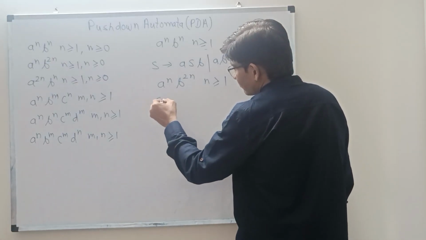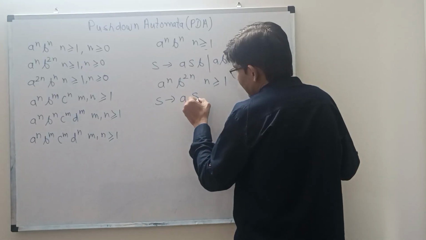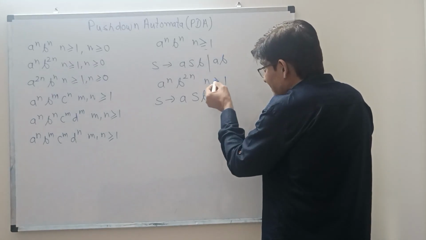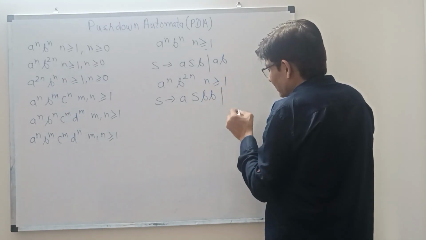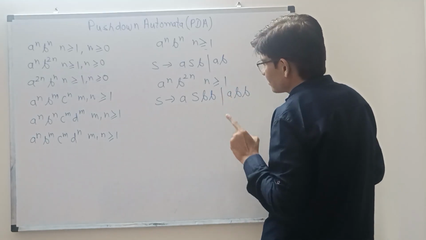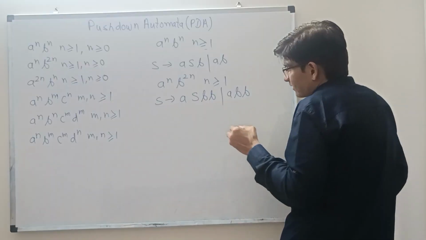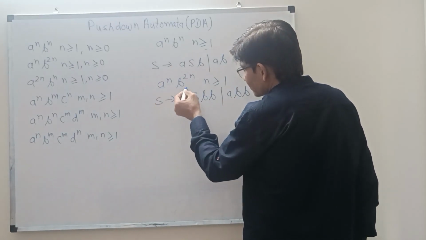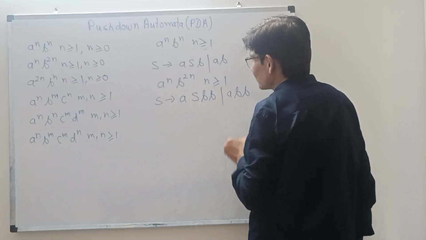So I can have S gives aSbb, and if the minimum value of n is 1, I can use abb as a single transition. Now this particular grammar can generate all strings from this language.